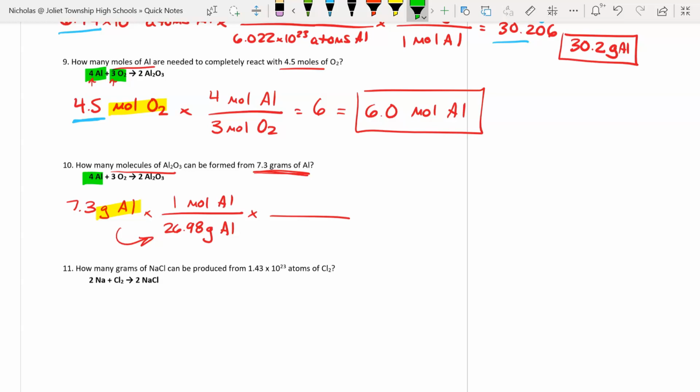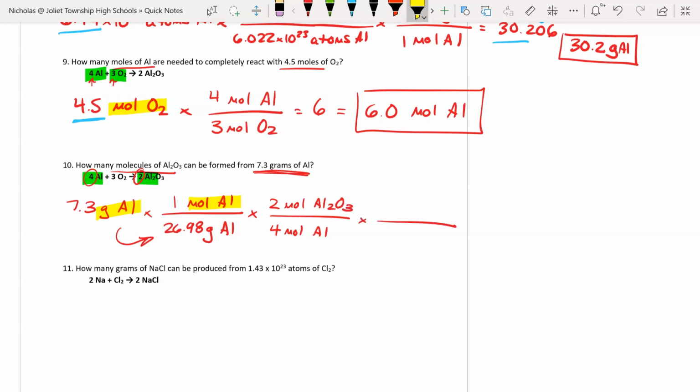So we're looking at aluminum, and we're looking at aluminum oxide. So we are currently in moles of aluminum. Moles of aluminum are going to need to go in the denominator. So if you look at our chemical reaction here, there are 4 moles of aluminum for every 2 moles of aluminum oxide.